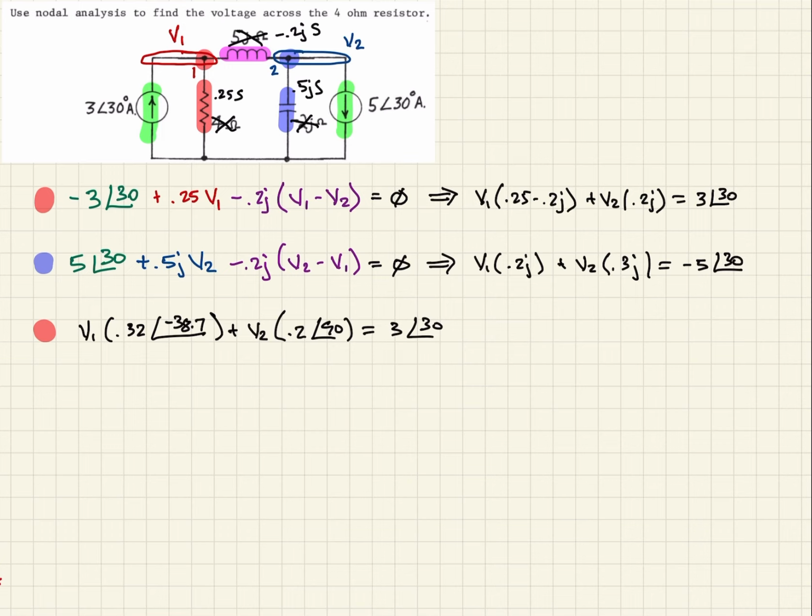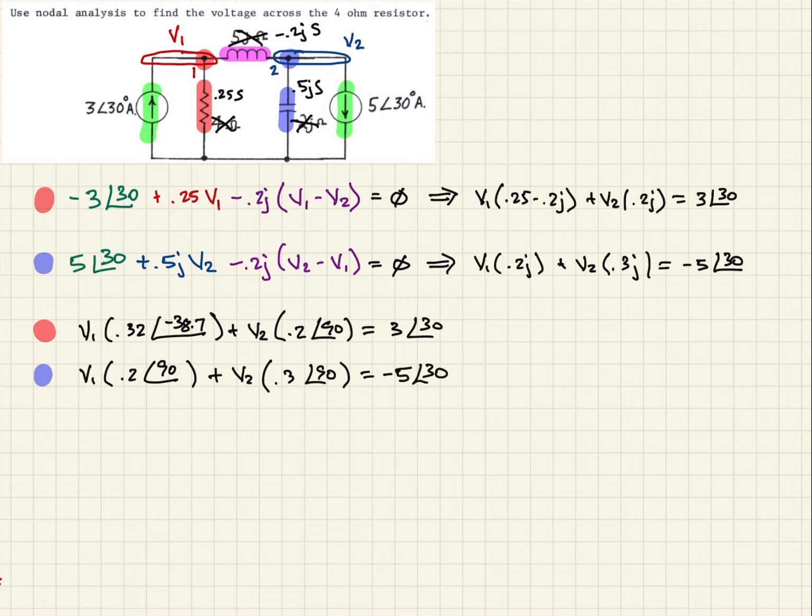Likewise, we can write the blue equation totally in phasor form: V1 times 0.2 at an angle of 90 degrees plus V2 times 0.3 at an angle of 90 degrees, and that's going to equal minus 5 at an angle of 30.